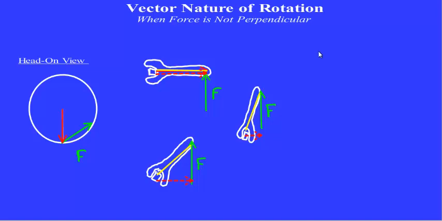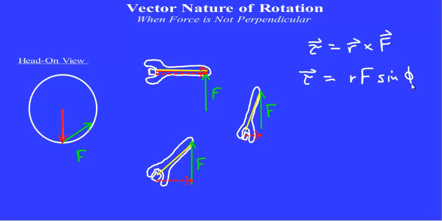So we have the cross product of vectors, which is R cross F. Torque equals R cross F. And I can write that slightly differently now, as a comparison between the lever arm and the force. I can write it like this: the magnitude of R times the magnitude of F times the sine of the angle between them.